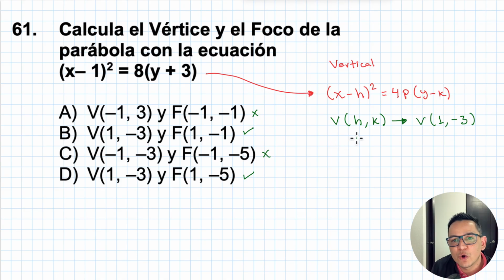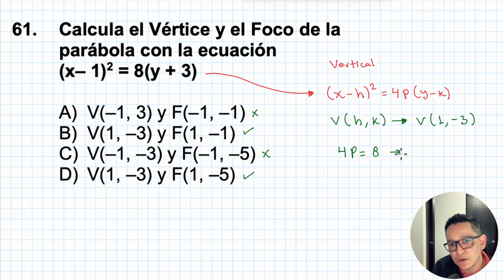To find the focus, let's pay attention to p. p is the distance from the vertex to the focus. So let's set 4p equal to what's in the corresponding position. 4p is equal to 8.